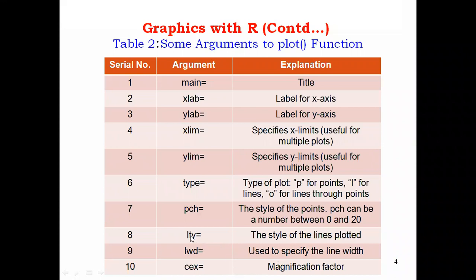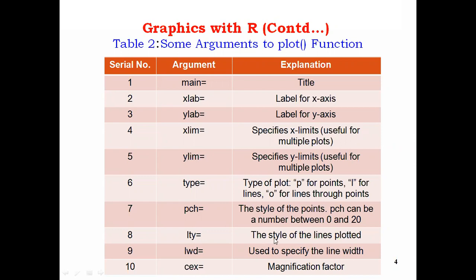Okay, so for LTY, if we write only blank, it will denote 0. Then if 1, that means what? We can use numbers here, 0 up to 6, for the line type.